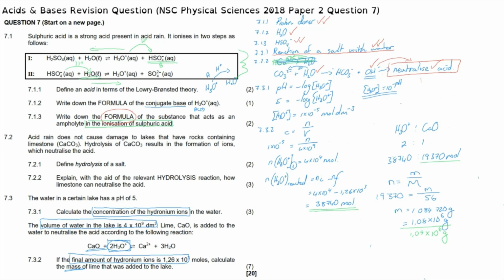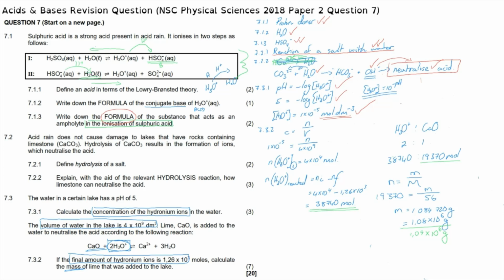Question 7.3.1, there's 1 mark for writing down the correct formula. There's 1 mark for correct substitution and 1 mark for the correct answer, provided that the correct units are given for that value. Question 7.3.2, being quite a long question, there are a number of options that are available.